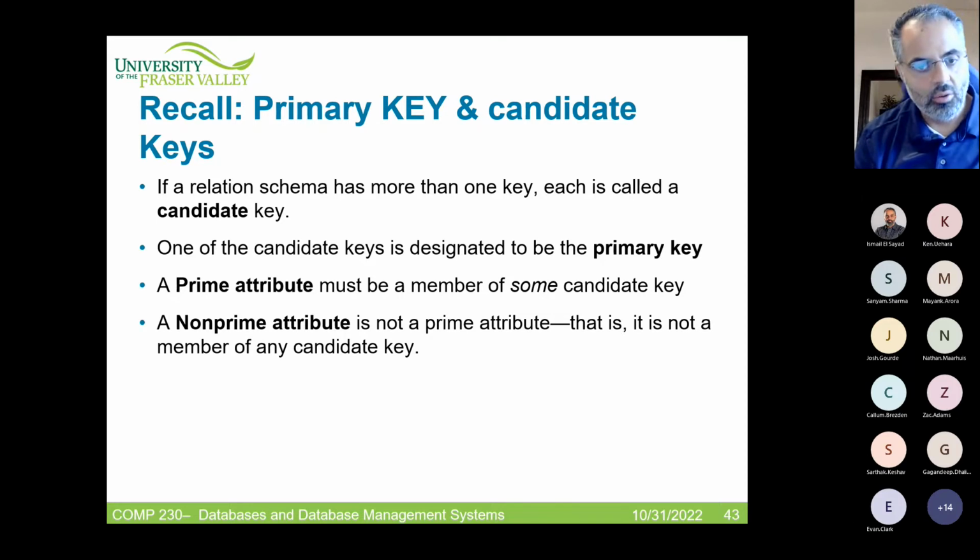Non-prime attributes are not part of any candidate key. Prime attributes can be part of a candidate key. A candidate key can later be a primary key, or it may not be, but it applies the key property, which is uniqueness.